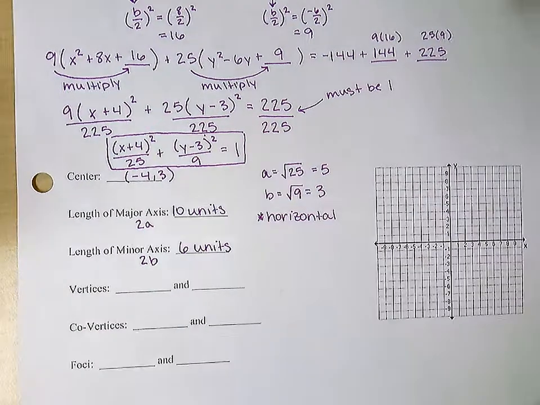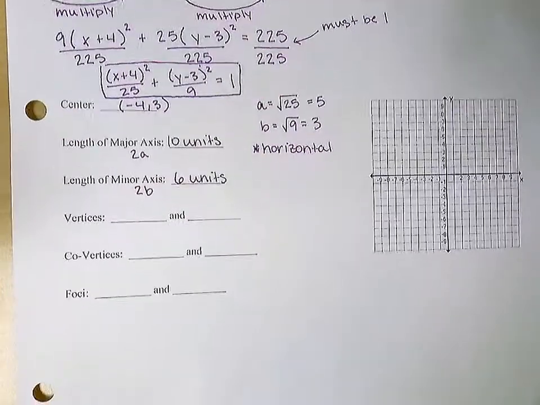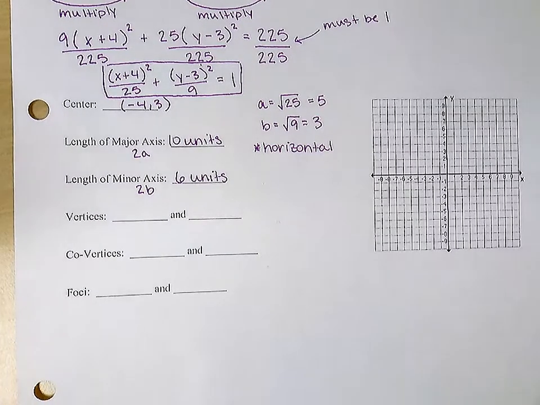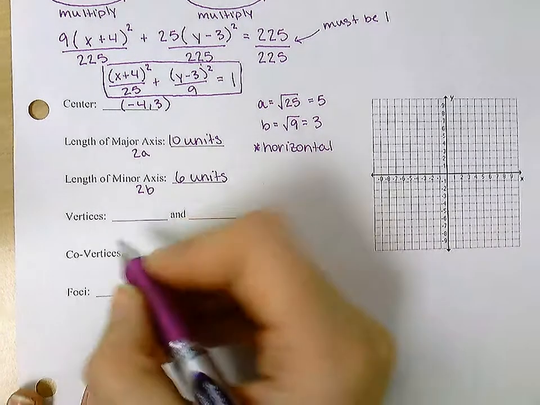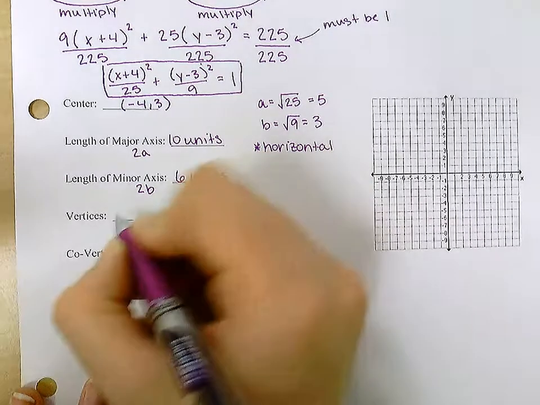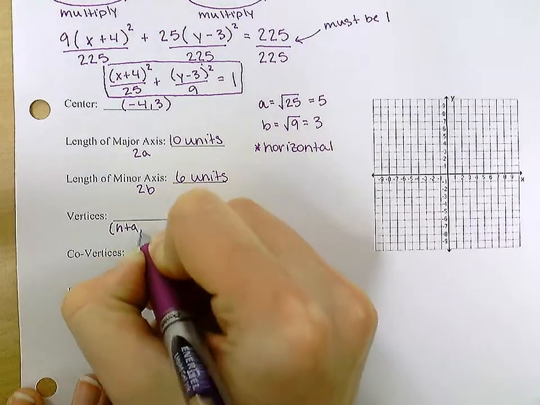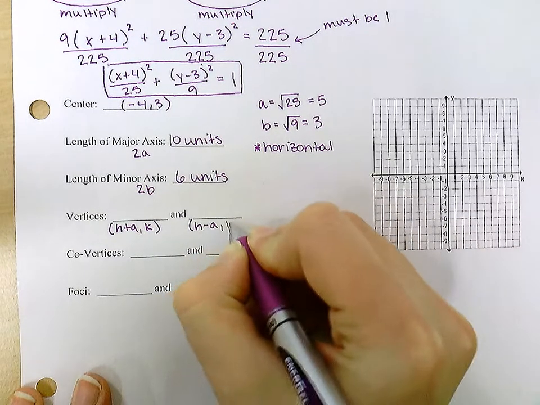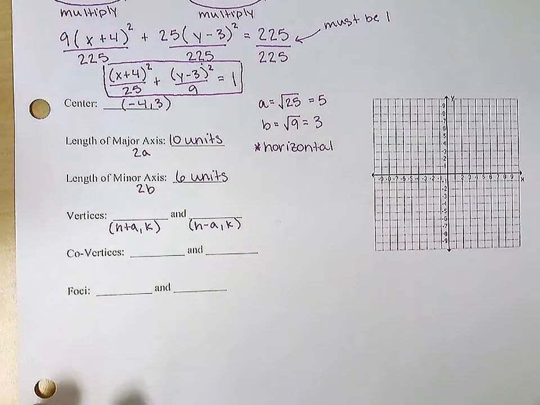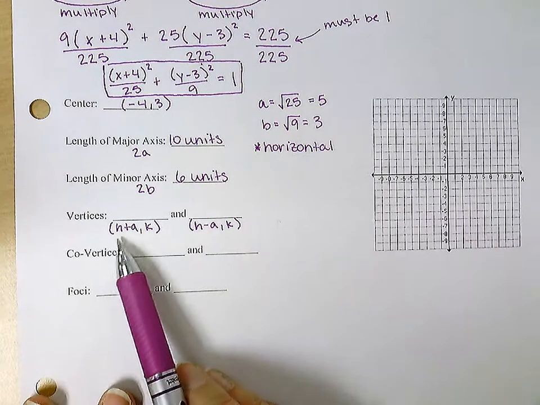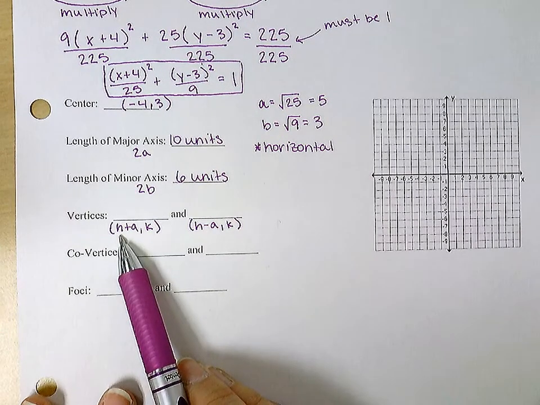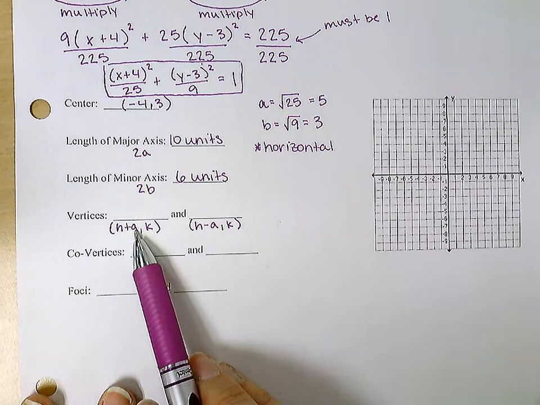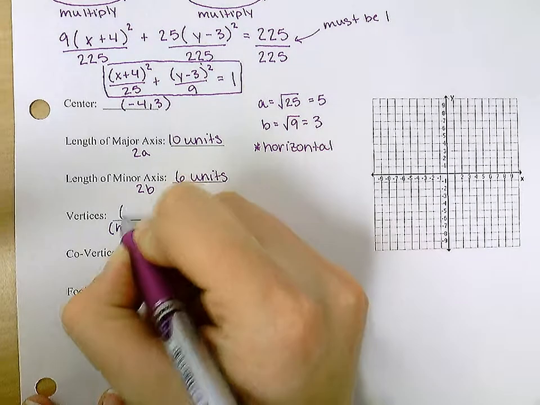Okay, using that information, then you can figure out where your vertices would be. So for a horizontal ellipse, your vertices are at H plus A, K, and H minus A, K. So taking your H value of -4, adding on 5, that is 1.